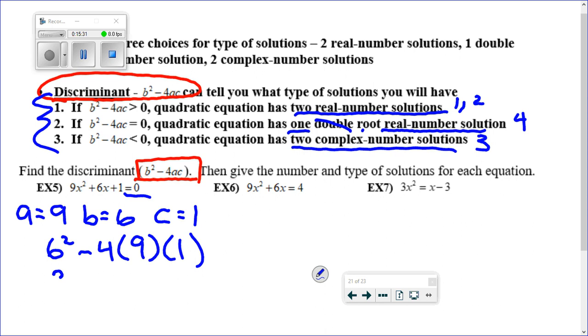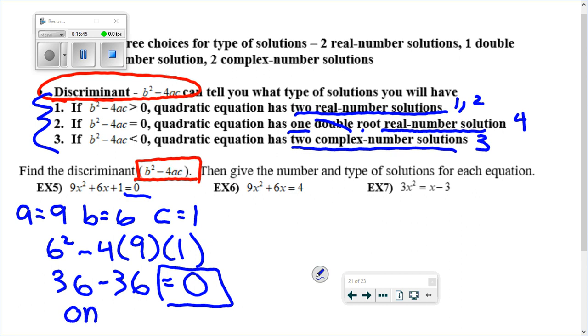So here we'll have 36 minus 36, which gives us 0. So if my discriminant is equal to 0, that tells me I only have one real solution.